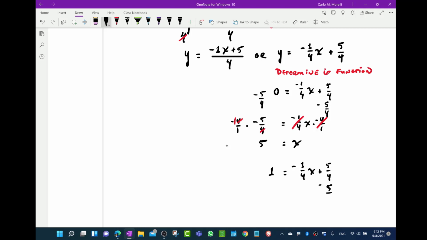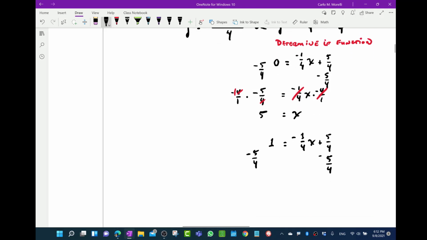Subtract 5/4 from both sides. And you have negative 5 over 4, and if you'll permit me, I'm going to reinterpret this 1 to be 4/4 plus 4 over 4 equals negative 1 over 4x.